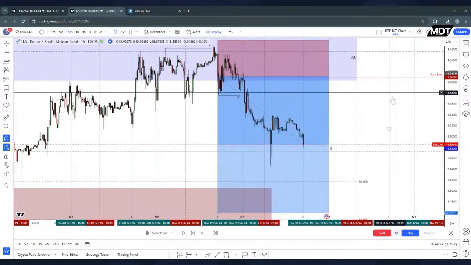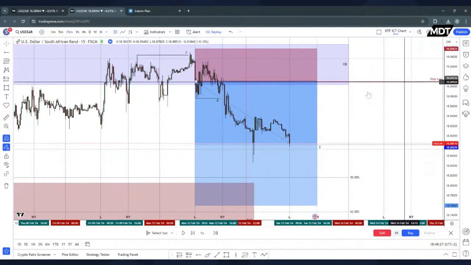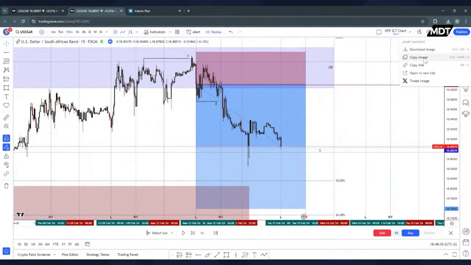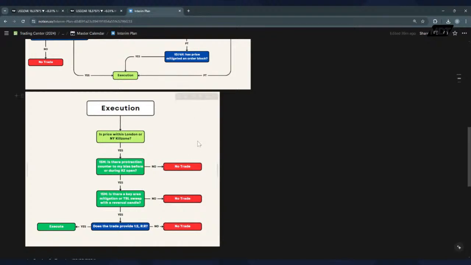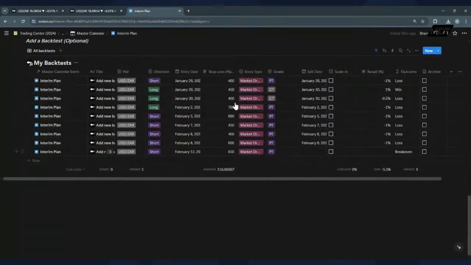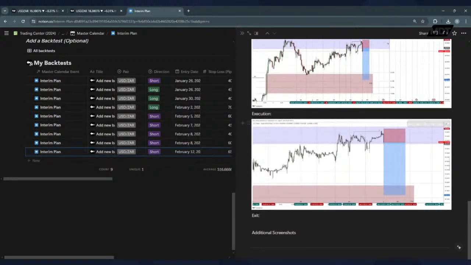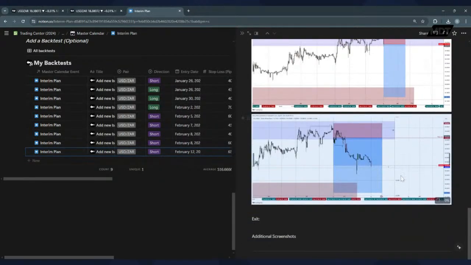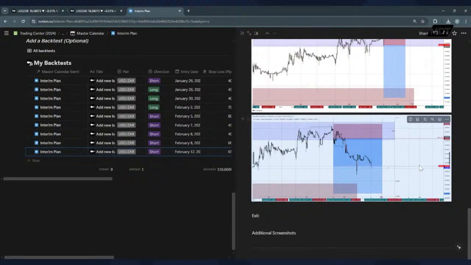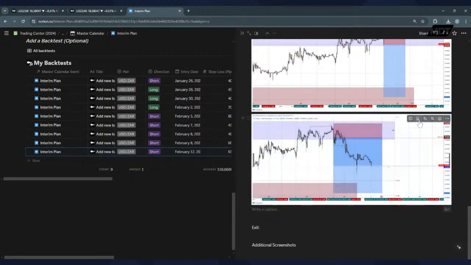Okay, so we have gotten to 2R. What I normally do then is, and I should have actually done one at half risk, but I will just add a screenshot there, and then I'll normally comment.